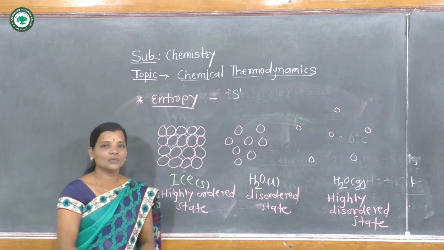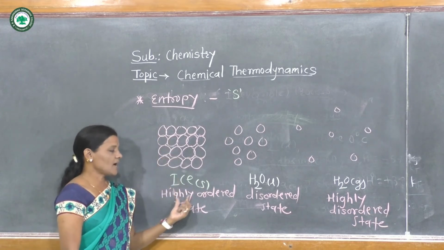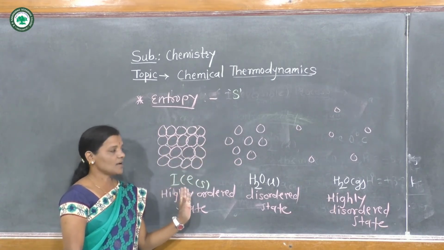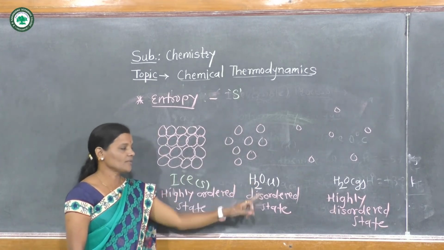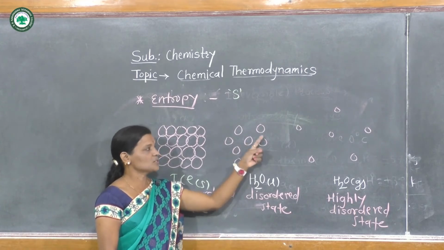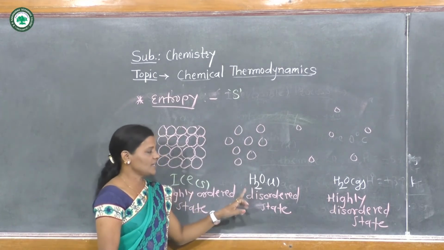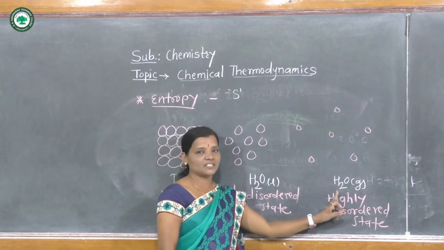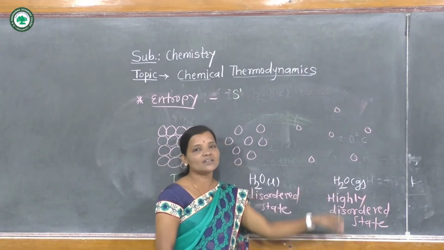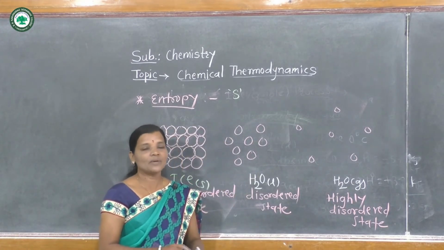Now let us see how these changes occur. Ice is present in solid state, and in ice a highly ordered state of atoms is observed. Now when this ice starts to melt, liquid water is obtained, and a disordered state is obtained, as atoms go away from each other and move freely in the available space. Then when liquid water is vaporized, we get water in the gaseous state, and a highly disordered state is observed because the atoms move freely from each other.